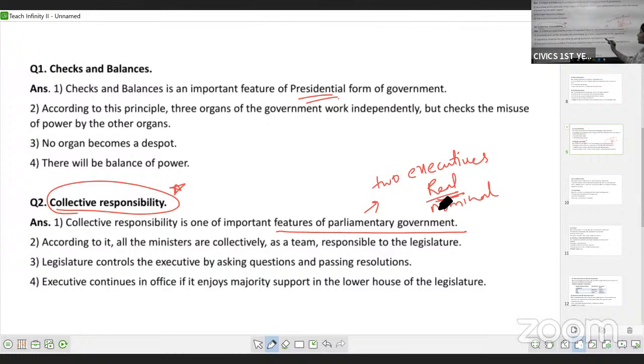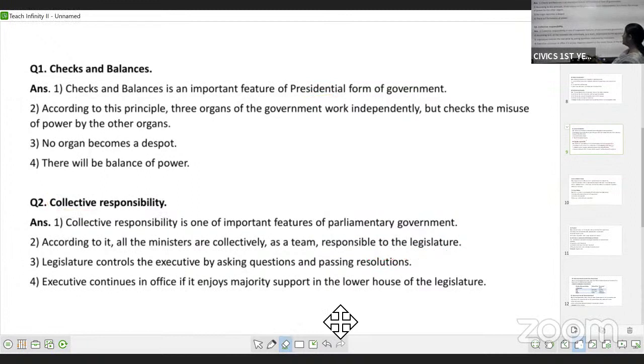So they are responsible, that is, answerable to the legislature. Whatever decisions are taken by them can be questioned by the parliament. Parliament, that is Lok Sabha, represents the people, so the representatives of the people can question the government.